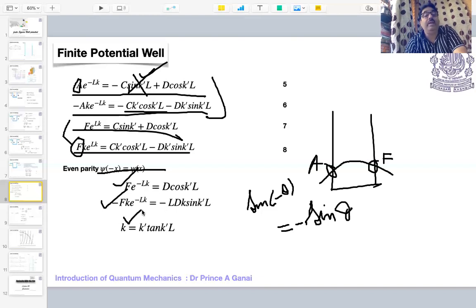I get k in terms of k prime and tan of k prime L. But remember, both k and k prime are positive. Therefore, k prime L is restricted in values, because we know that tan is positive only between 0 and pi by 2. After that, tan would be negative from pi by 2 to pi, and then again it will take a positive value. So that will restrict the value of k, and that would actually guarantee the quantization of energy.